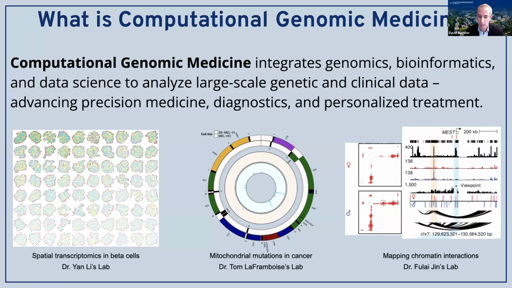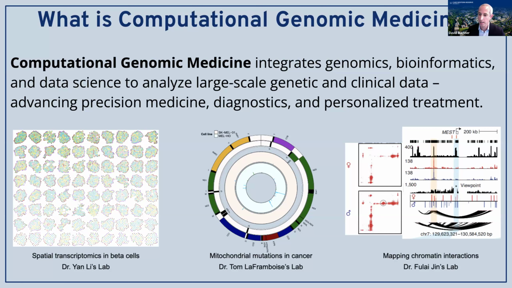In the center is data from Tom Leframboise's lab. His lab looks at acquired, genetic, and somatic mutations and how they affect risk of cancer, usually blood cancers. In this figure, he's focusing on mitochondrial mutations, the frequency of different mutations, and how they affect disease risk.